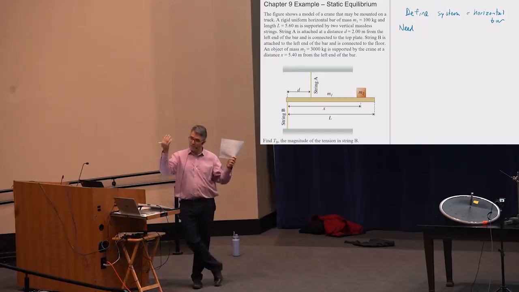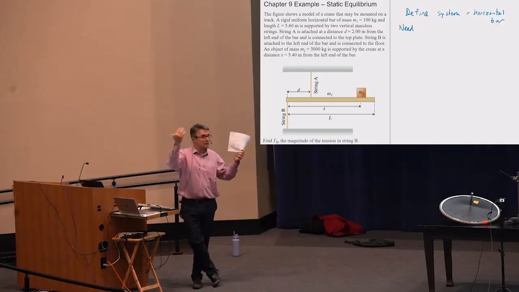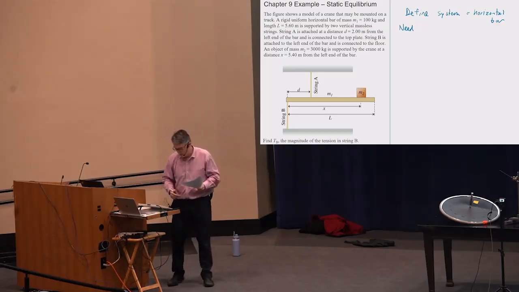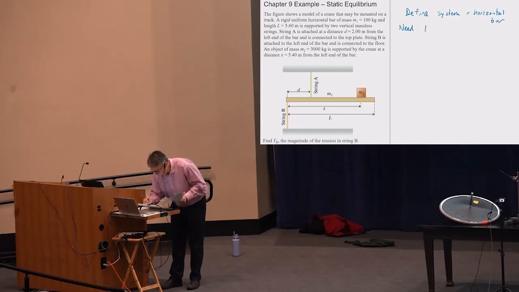A little bit like that bathroom mirror. You kind of have to balance these things so that it doesn't rotate. So we need TB, the tension of string B. So what we're going to do is draw an extended free body diagram showing all these things. We also don't care about TA, as it turns out, for this question.